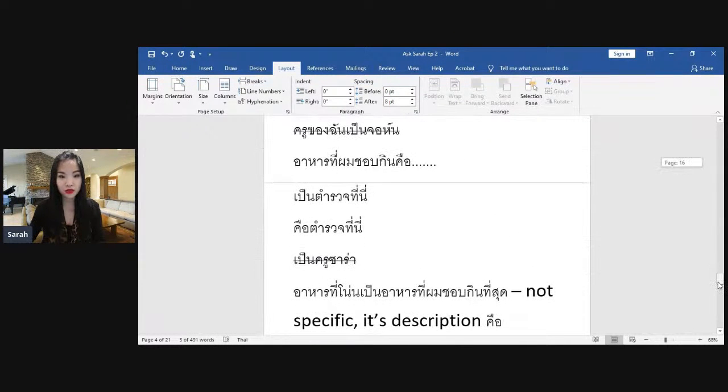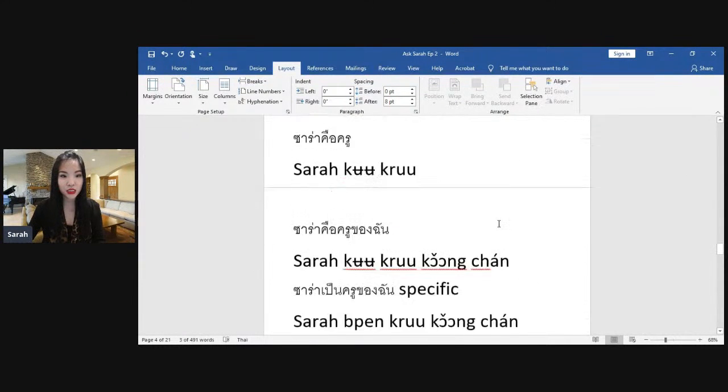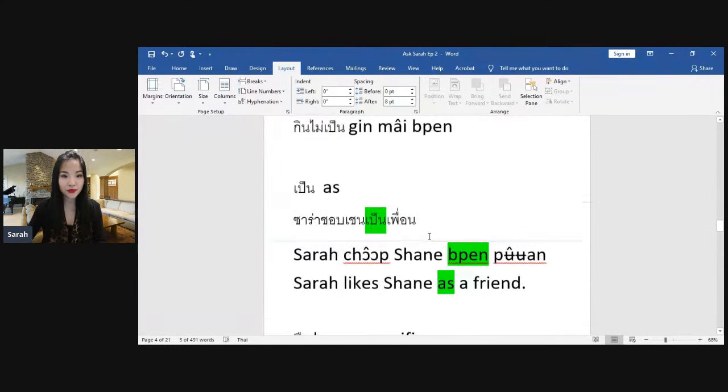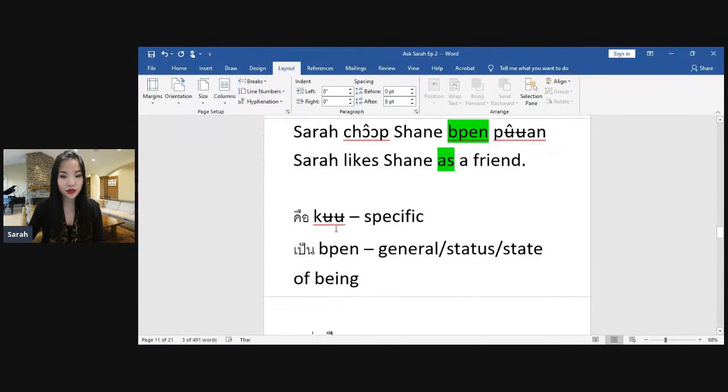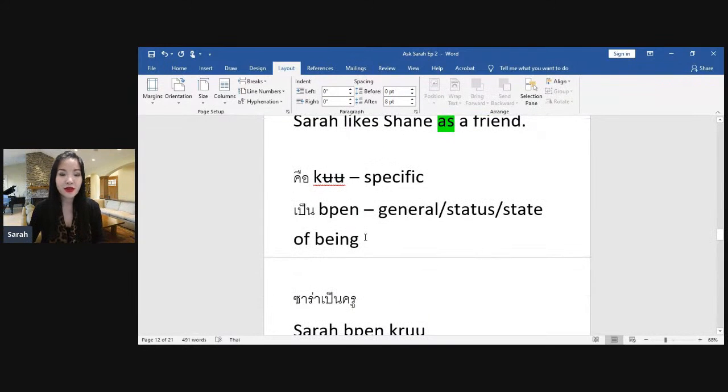I'm going to move on, to go back to คือ and เป็น. We use คือ for specific things; anything after คือ needs to be specific, like a name, position, definition, or description of something. เป็น, on the other hand, we use for general status, the general state of being.